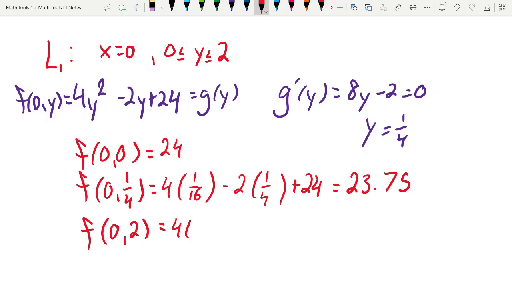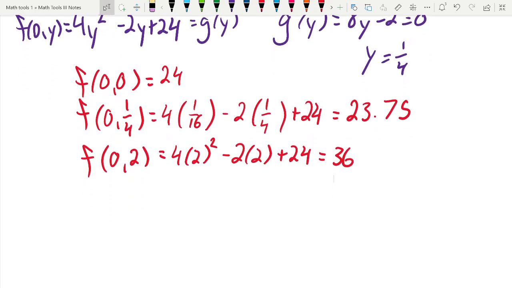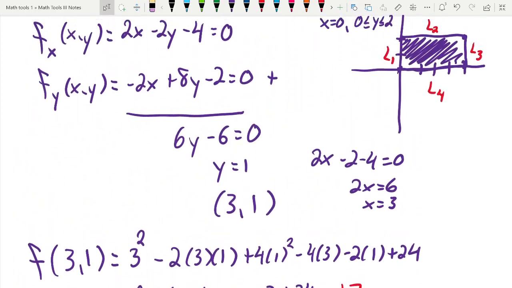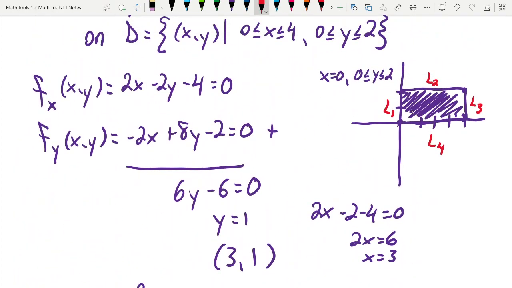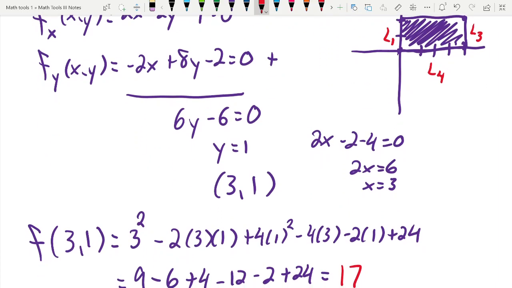So we're going to have 4 times 2 squared minus 2 times 2 plus 24. So that's 16 minus 4, so 12 plus 24. So that's going to be 36. Okay. And now we're not going to need to do all of the corners every time, right? There's only 4 corners total, so we just did 2 of them right here. So we're only going to have another 2 to do here.